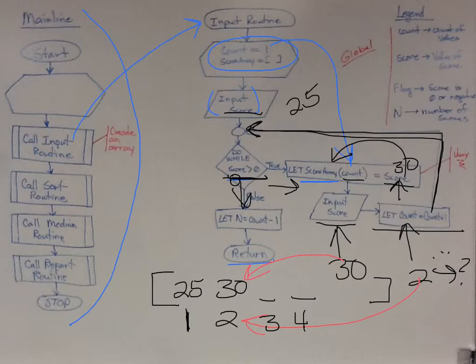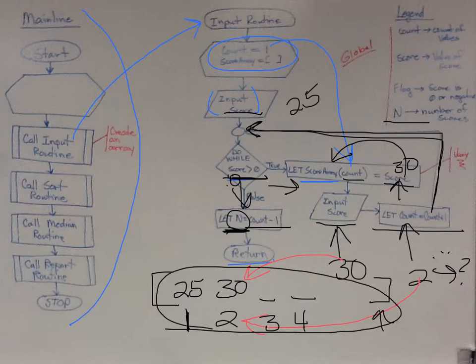So we come down, and since we had that 1 extra one, we don't want to count that into how many records there are. So we take count minus 1. And so now n has how many records that we put into the array. The array is filled with the scores, and we have the subscripts for those scores. So then this routine filled the array.